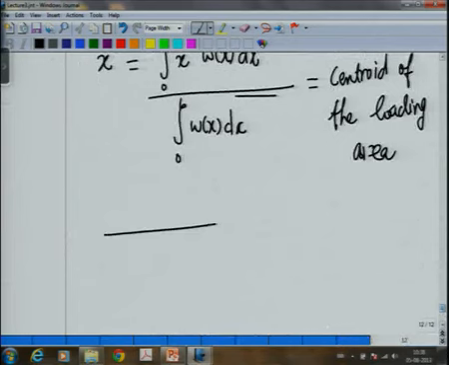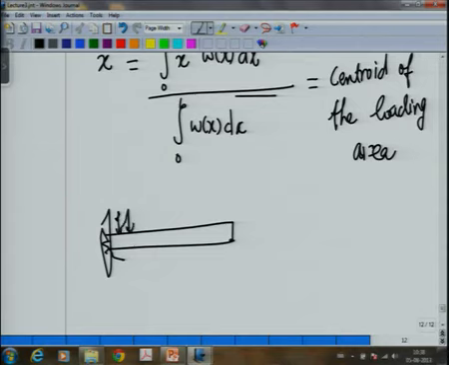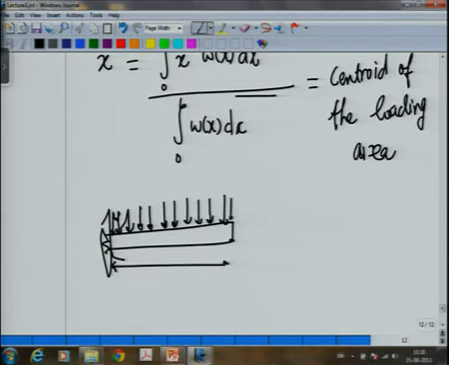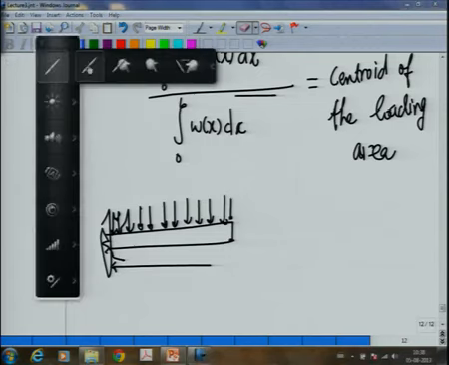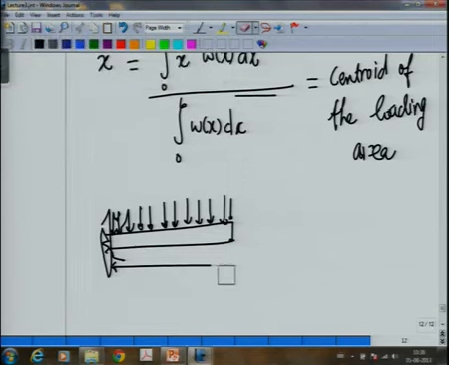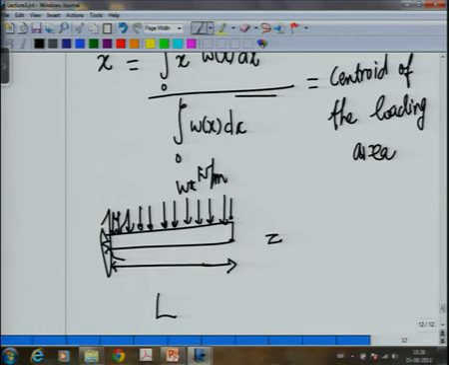Suppose I have a beam like this, on which I have a uniform load of W newtons per meter.